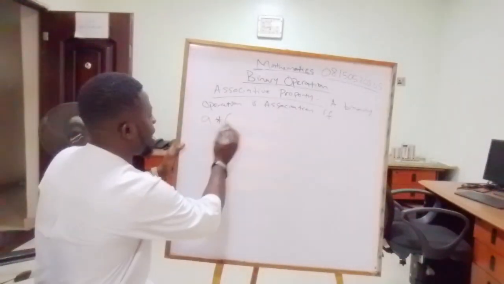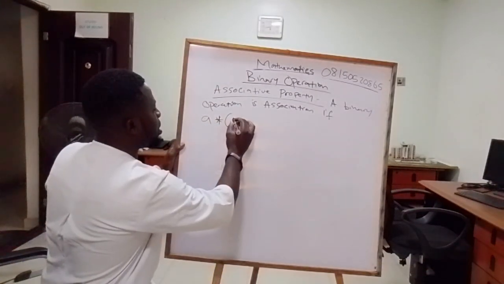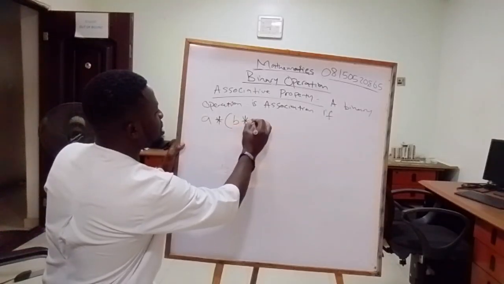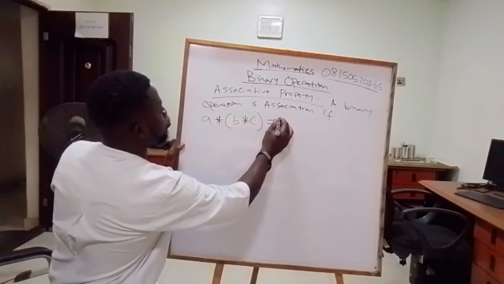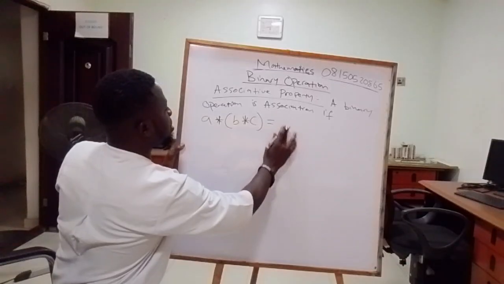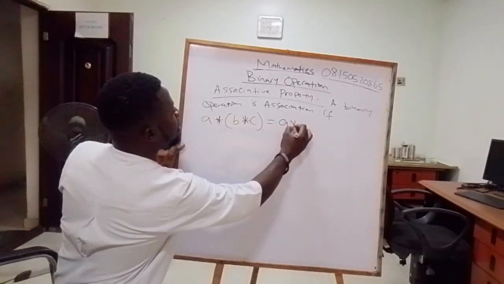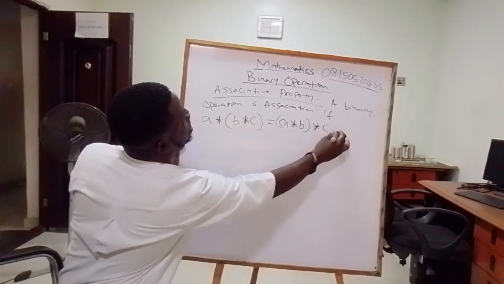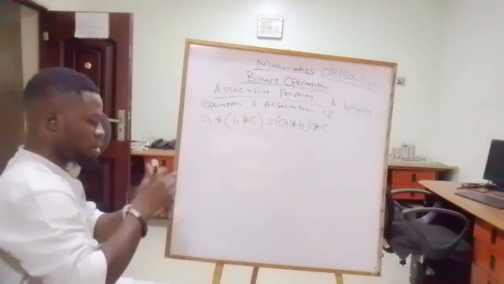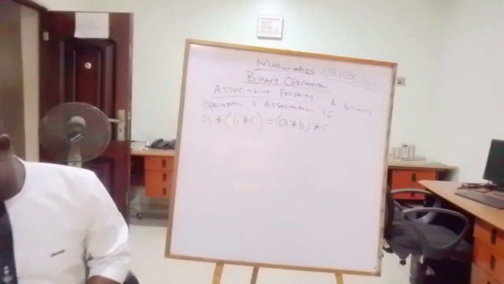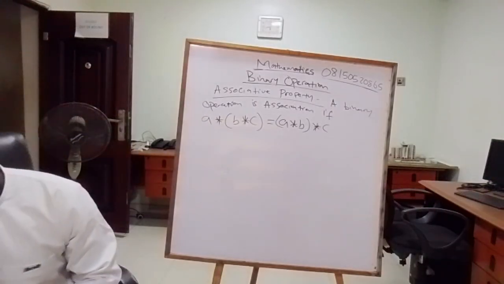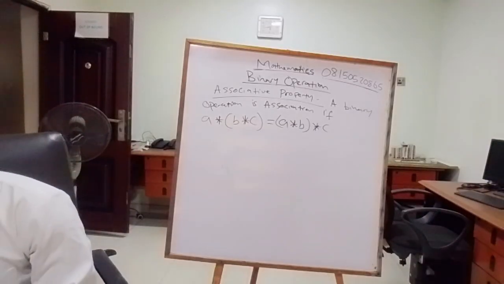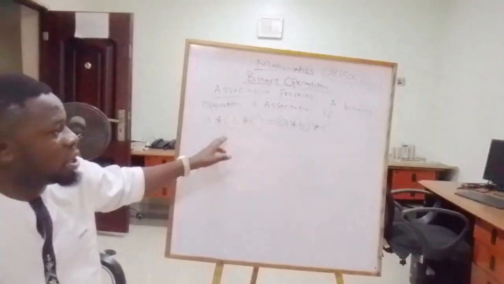But here, that's A operation (B operation C) must be equal to (A operation B) operation C. So that's what associative property is talking about. If you try that, that is meant to give you the same answer.